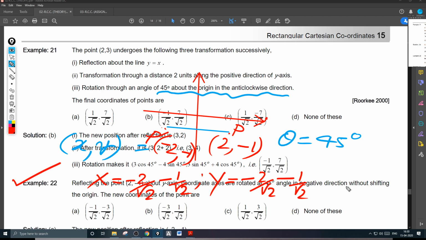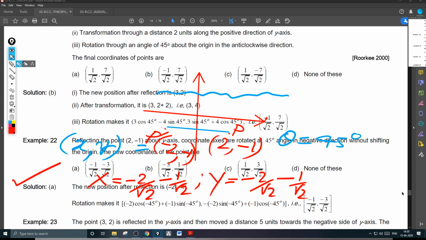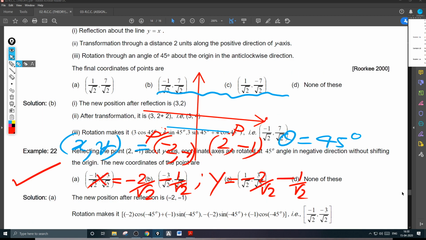This also you have got to be minus 3 by root 2. Just work out please. Here also I got none of this. But here his answer is minus 1 by root 2, minus 3 by root 2. What is that he has taken?